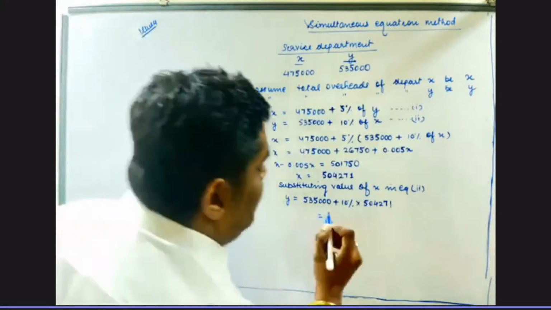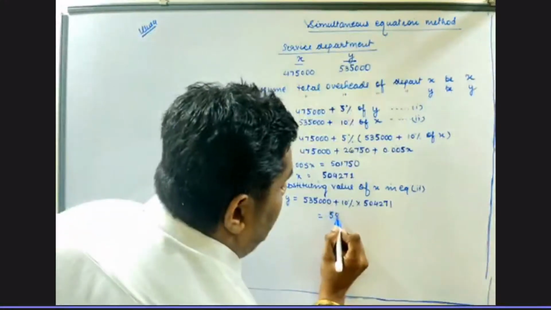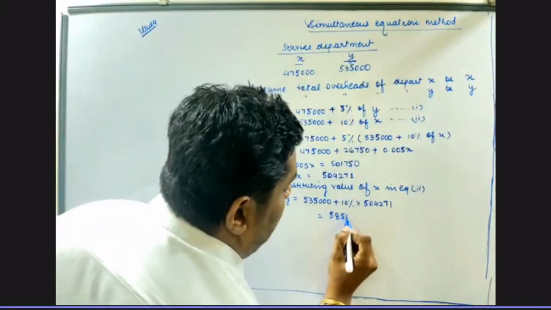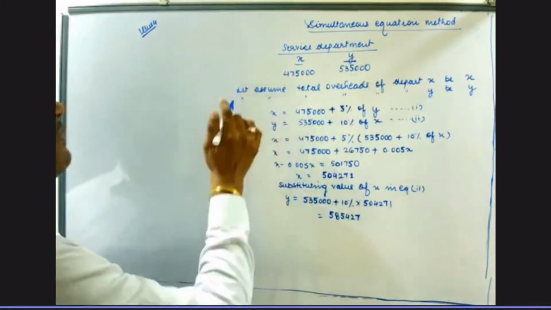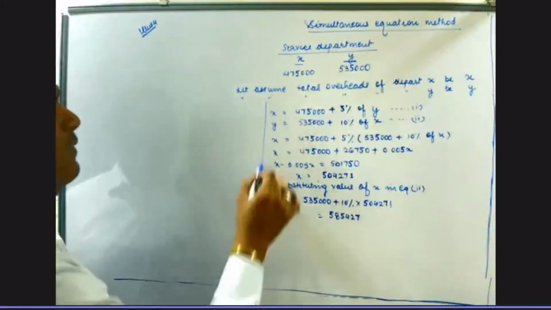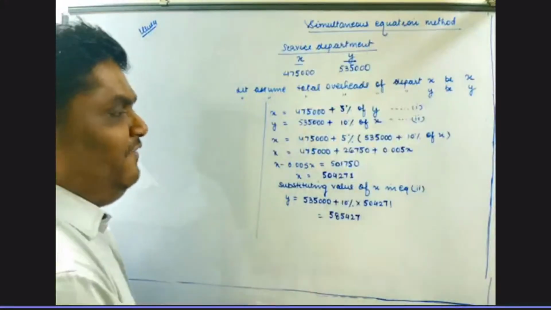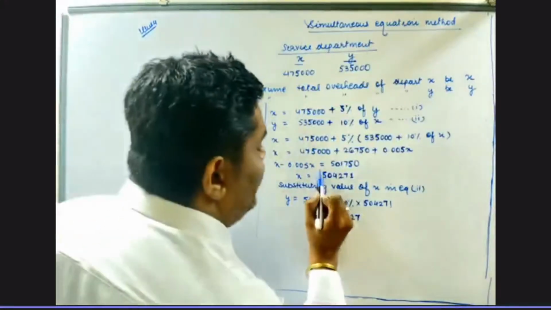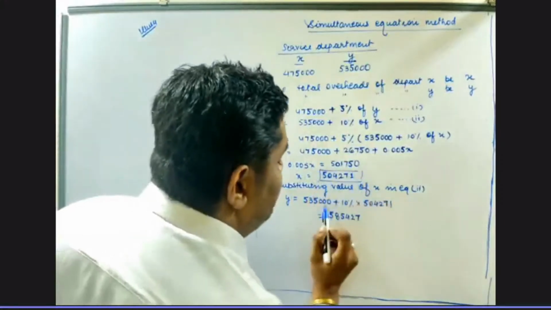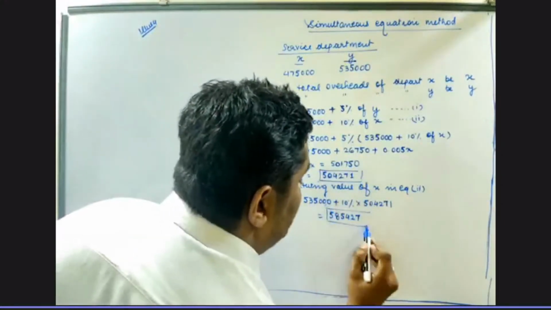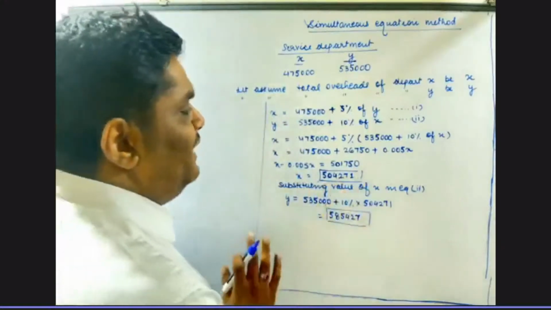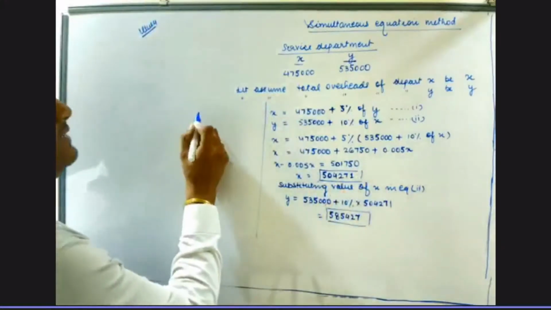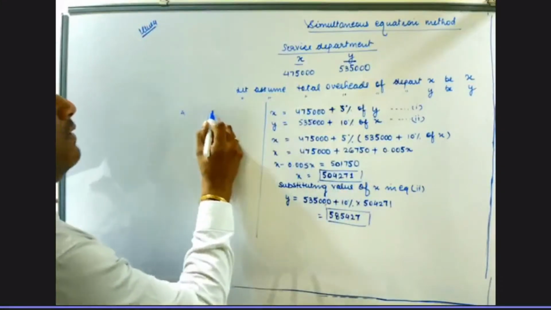So this will be 585,427. So these are the total overheads of service department X and total overheads of service department Y. And these overheads will be distributed directly to the production departments, that is A, B, and C.